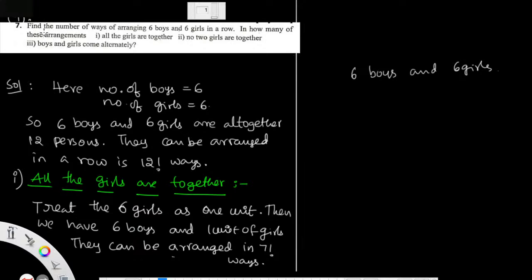Find the first statement: the number of ways of arranging 6 boys and 6 girls in a row. So the total number becomes 12 persons. 6 boys and 6 girls make 12 persons, arranged in a row. So it can be done in 12 factorial ways. And in the first question, all the girls are together.